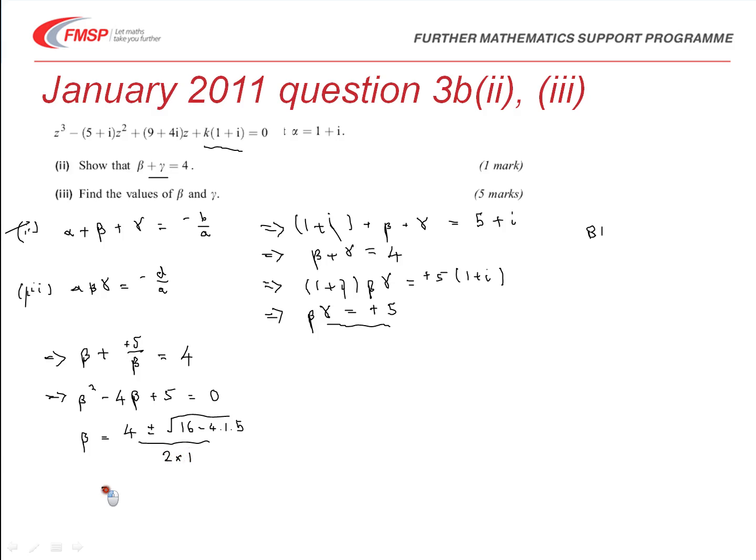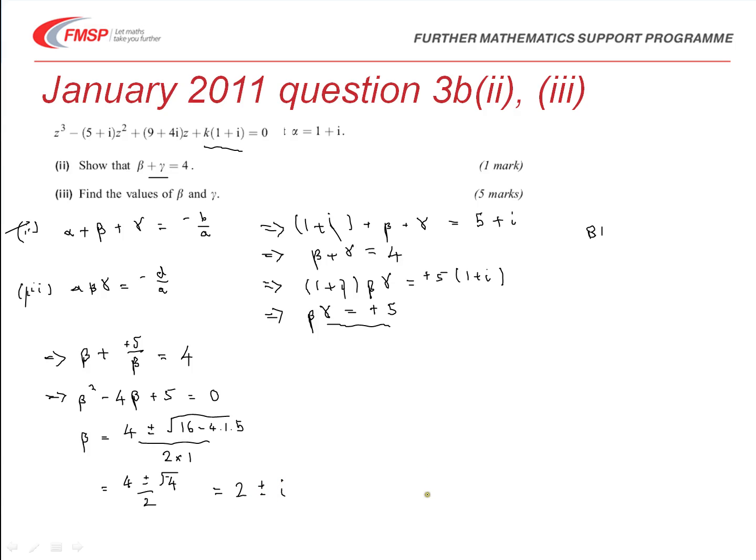And that will then simplify down to 4 plus or minus the square root of 4, negative, because it's 16 minus 20, all over 2, which will then give you 2 plus or minus, well, the square root of -4 is 2i, divided through by 2 just gives us i.